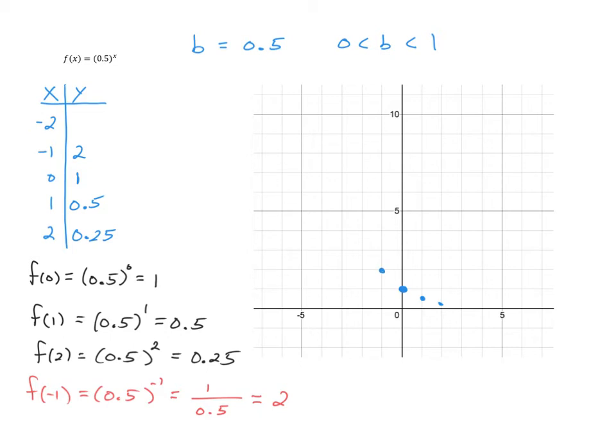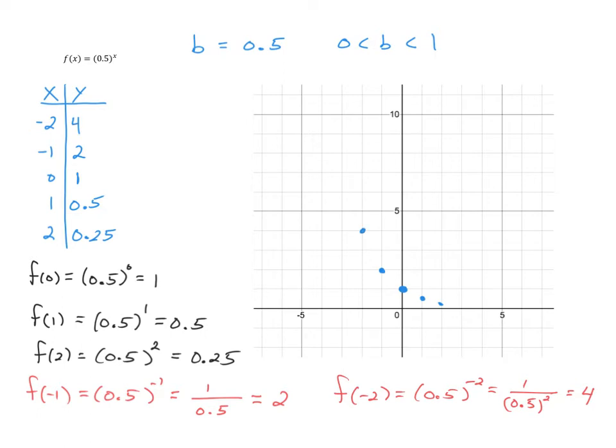I'll check one more spot. F of -2, that's going to be 0.5 to the -2 power. That's 1 over 0.5 squared. And that's 1 divided by a quarter, which is equal to 4. So at -2, we get 4.